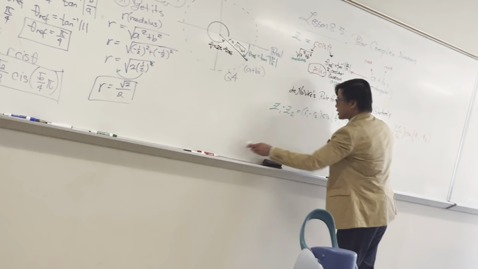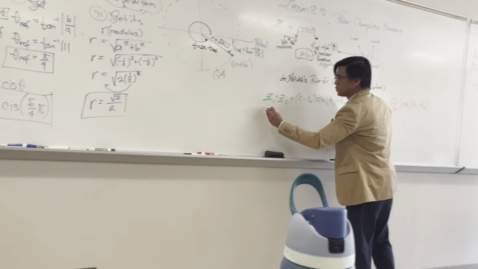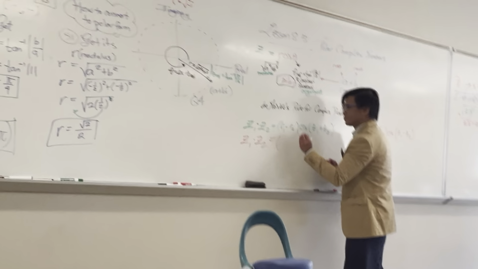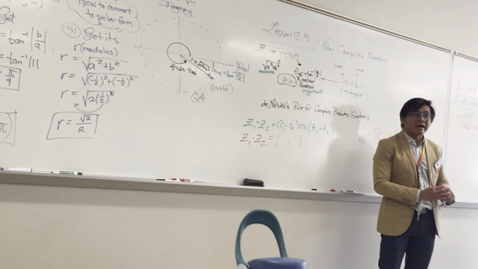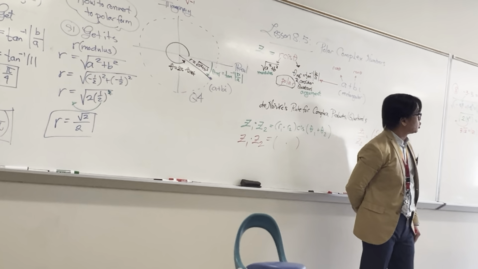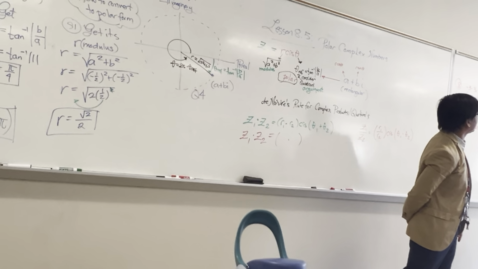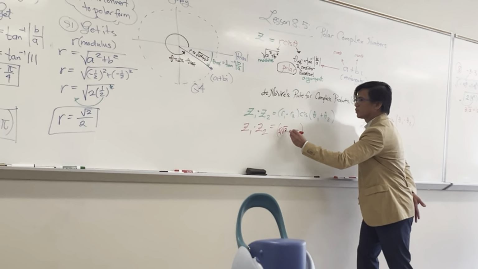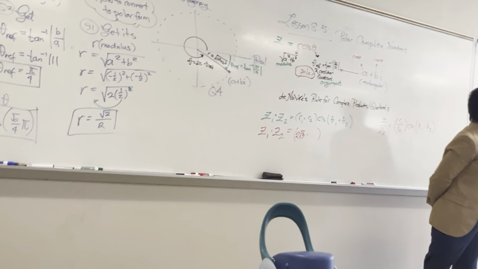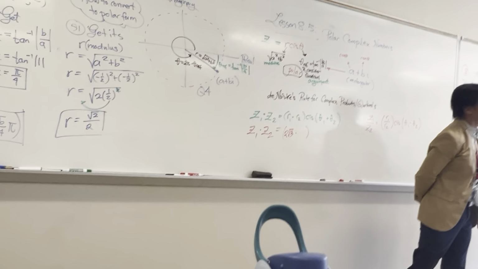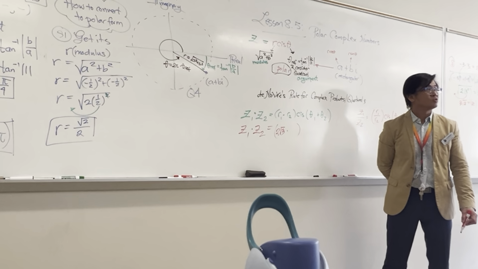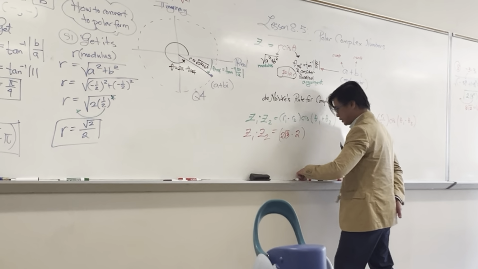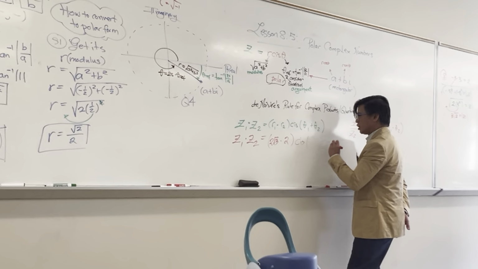So, just plugging in the following, z1 times z2 is equal to what? Get the product of their moduli. So, for number 23, what's the modulus for z1? 2 square root of 3. And what's the modulus for z2? 2. And then put in here cis.